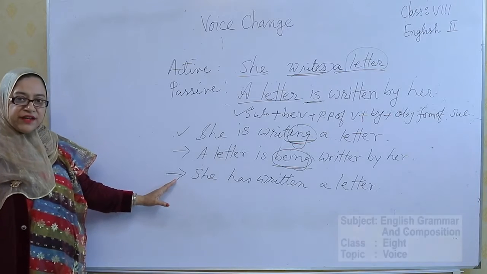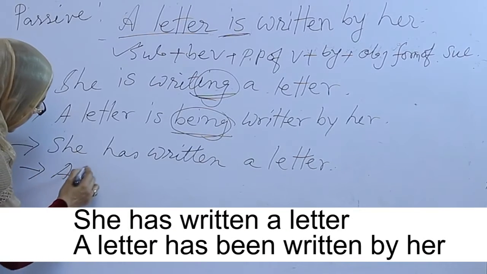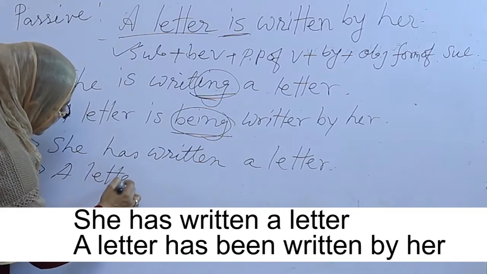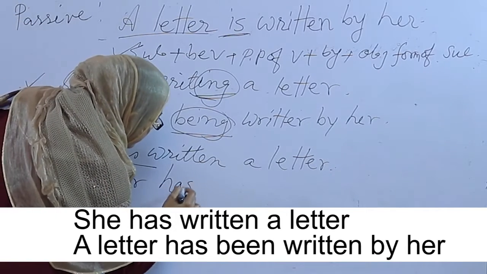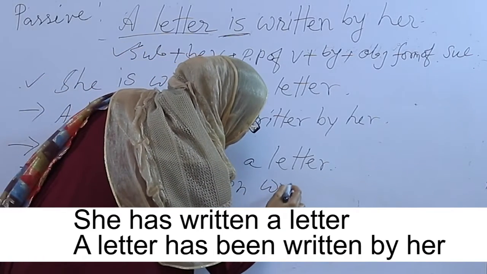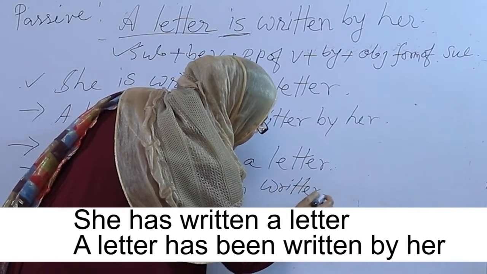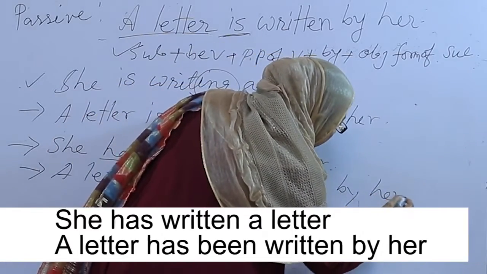So how can we turn it into passive? Look at the board. A letter, if there is has, so we write has been, and then the past participle form of the word, then by, and also her.